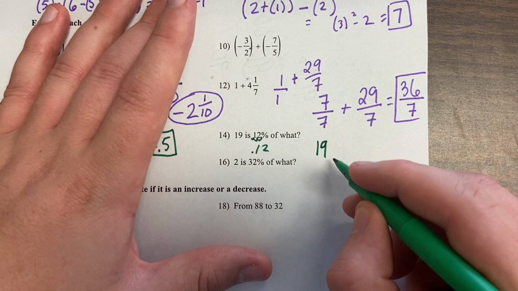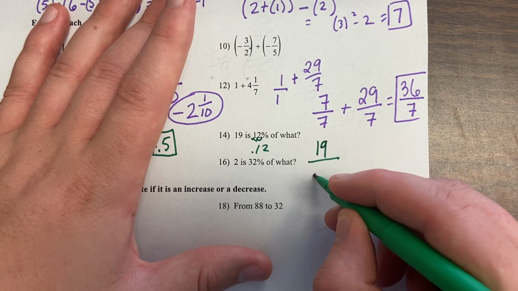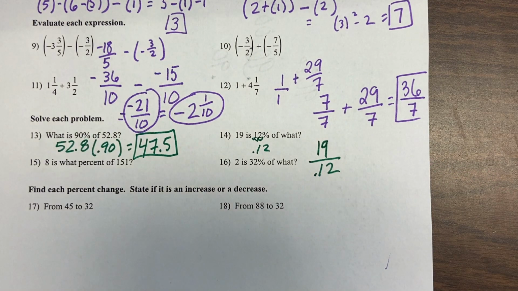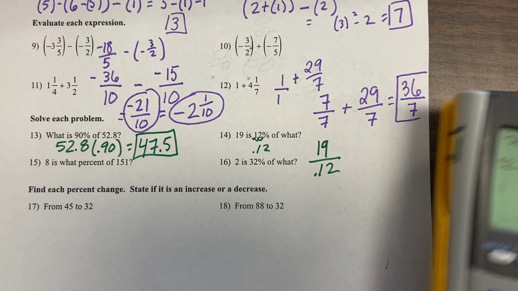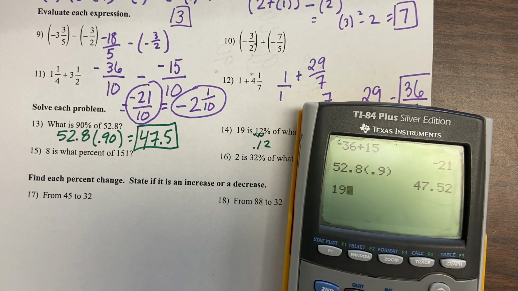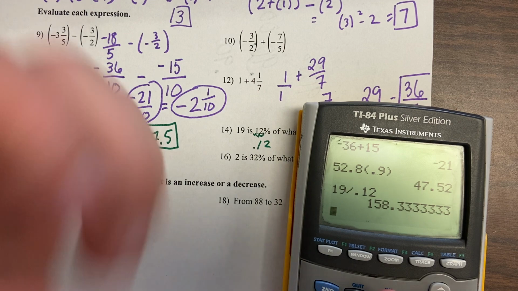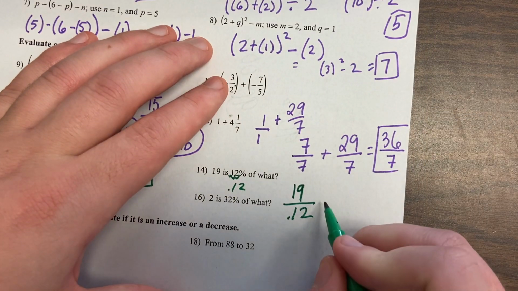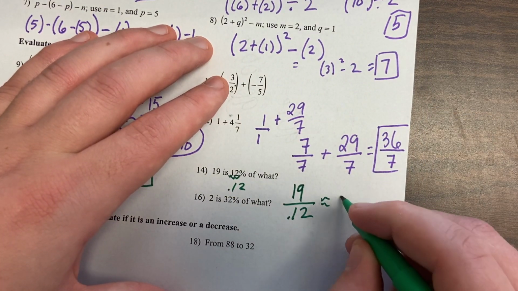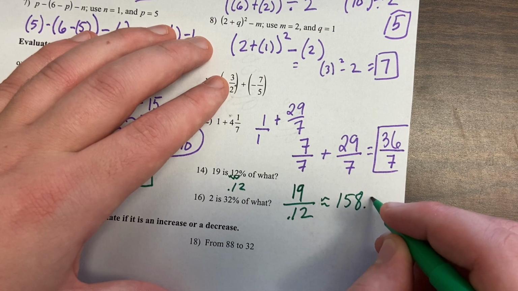All we need to do is take that 19 and divide it by 0.12. That's going to give us what number 19 is 12% of. So in my calculator, if I do 19 over 0.12, you get 158.3 repeating. Again, let's just round 1 decimal place there, and we can say approximately 158.3.